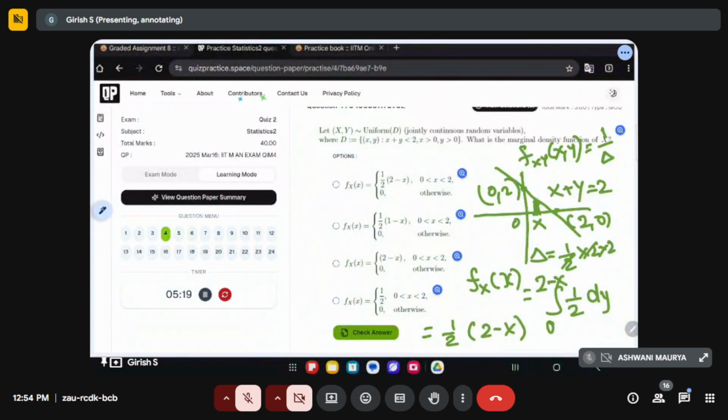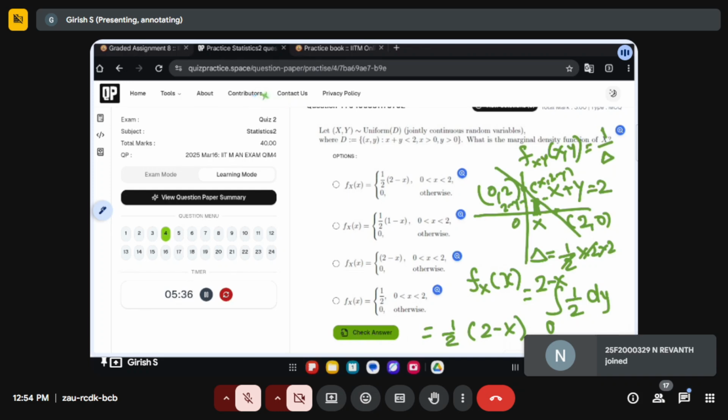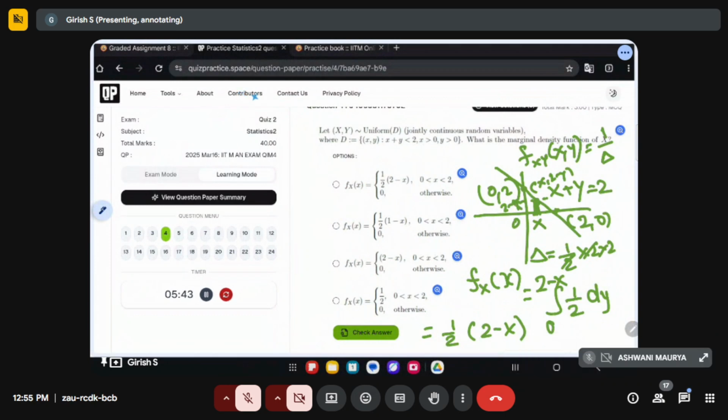And what is this point? This point is x comma 2 minus x, because it lies on the line. So y will be 2 minus x, right? I have to express it in terms of y. Y is 2 minus x, so this is 2 minus x. 0 to 2 minus x. You are understanding that? Okay.